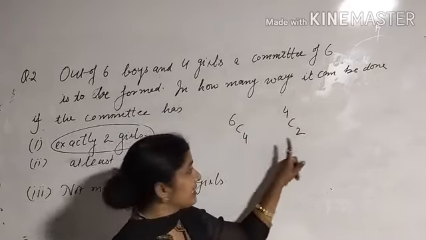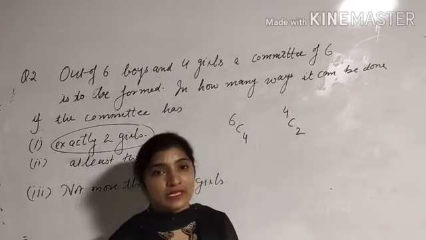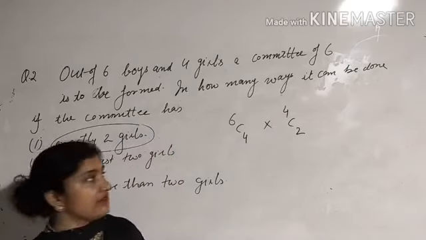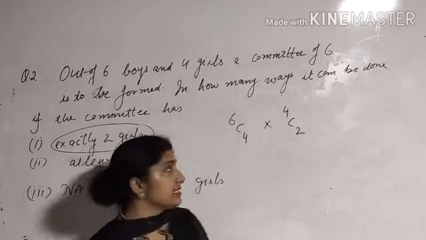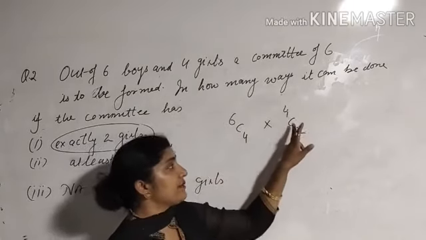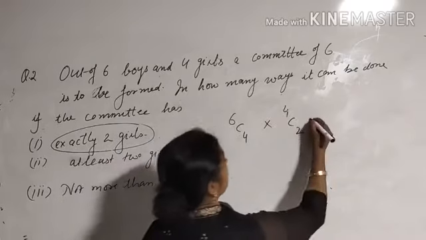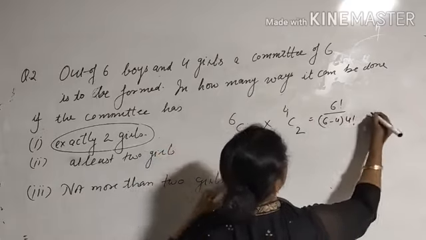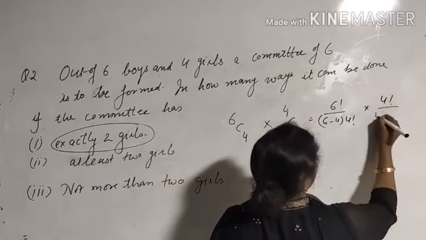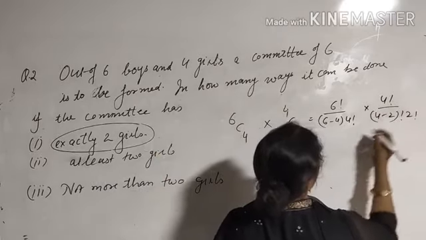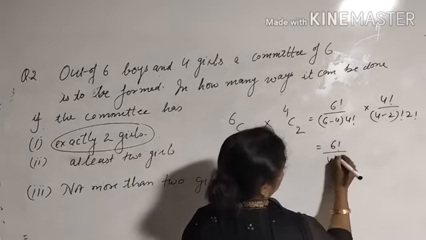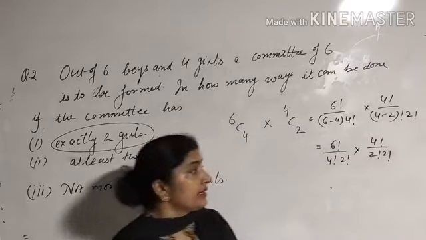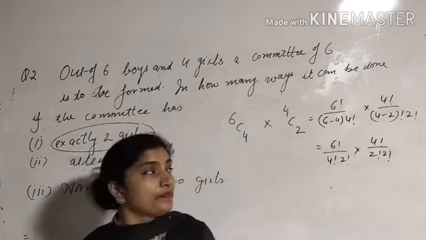One event is this, another event is this, and by the fundamental principle of counting, as both the events have to be done, the total number of possible ways of selecting exactly 2 girls is 6C4 multiplied by 4C2, and you can use the formula 6 factorial upon 6 minus 4 factorial, 4 factorial into 4 factorial divided by 4 minus 2 factorial into 2 factorial, and this is 6 factorial by 4 factorial, 2 factorial, 4 factorial by 2 factorial, 2 factorial. The calculation is quite easy, you can do it yourself.